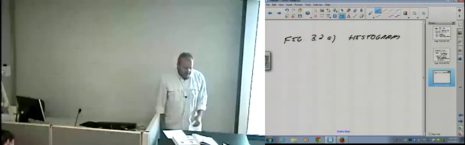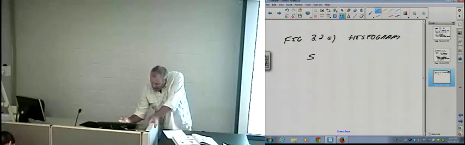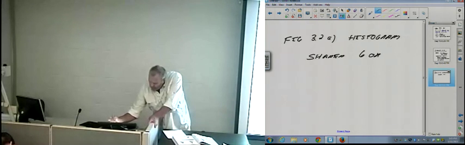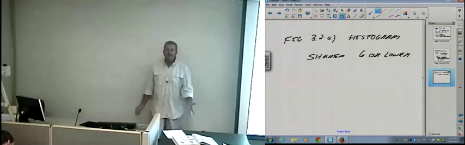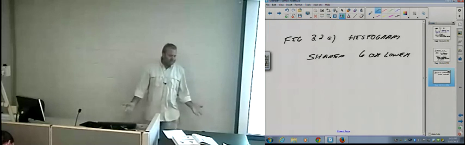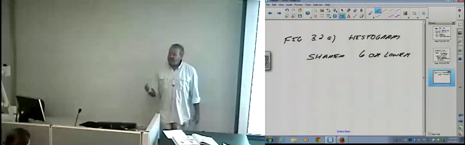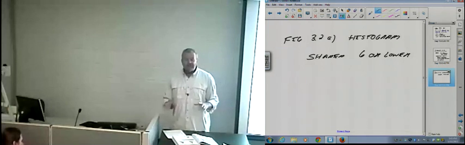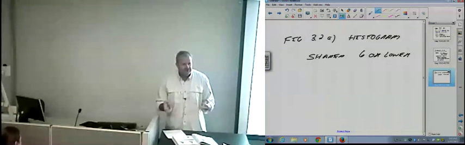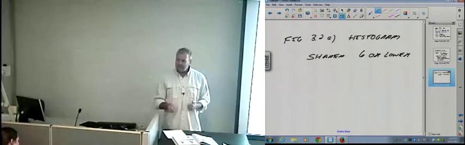If you notice, it has shaded a score on this test of 6.0 or lower. Those shaded bars, in orange or whatever color you want to call that, represent the students that scored 6.0 or lower on this test.